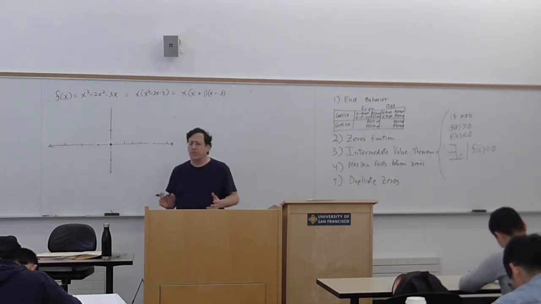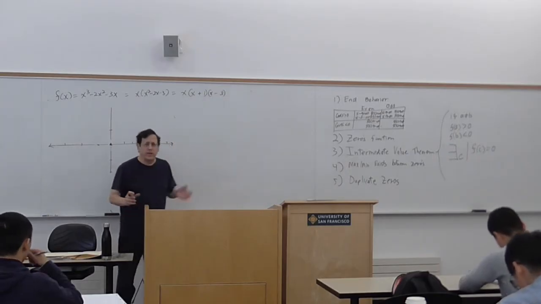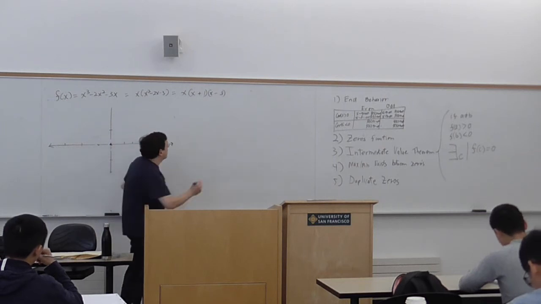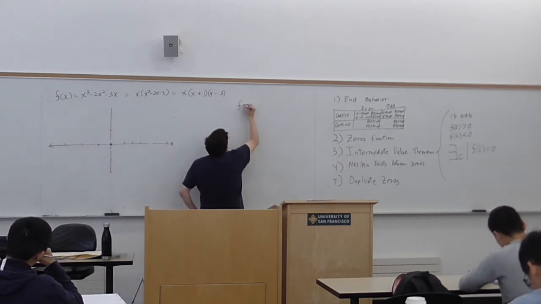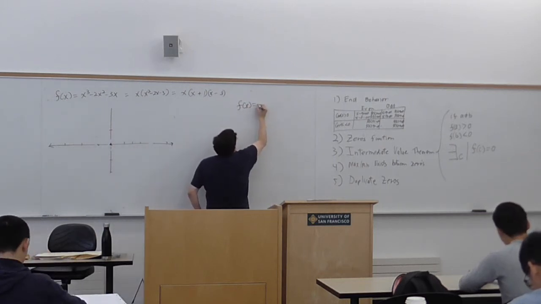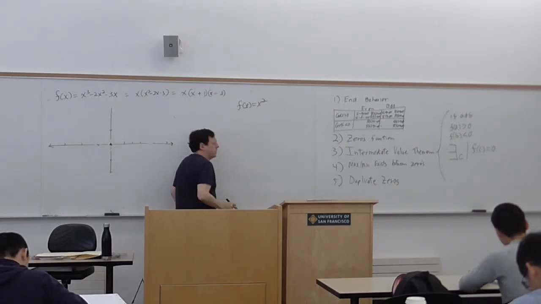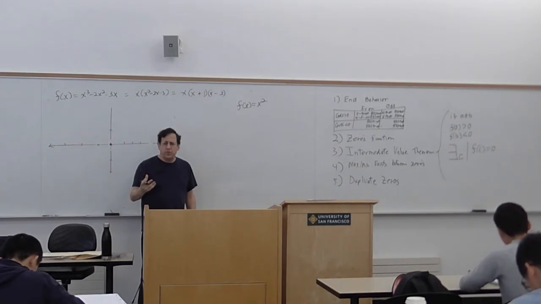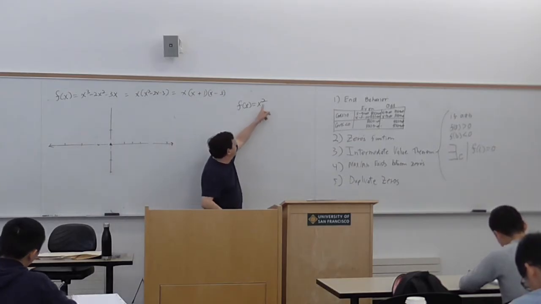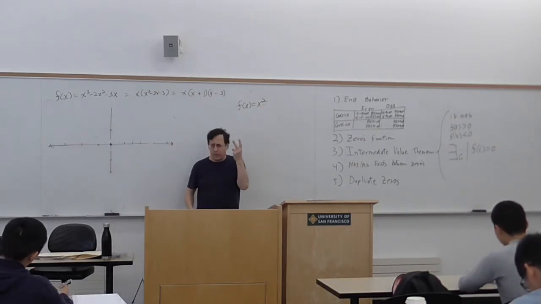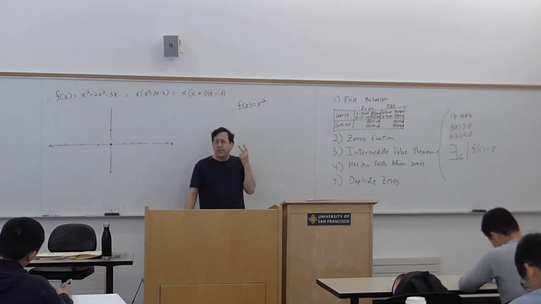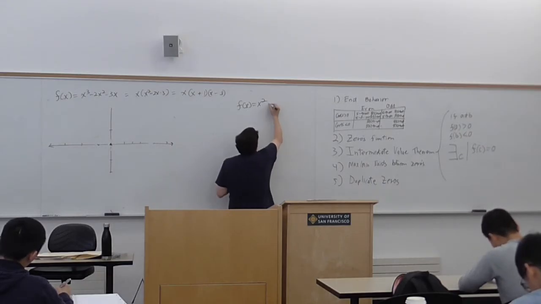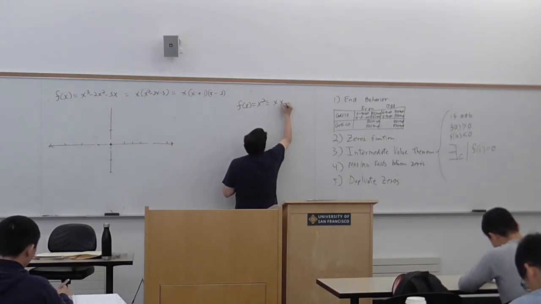We already have some examples of this we've looked at quite a bit. One of them is f of x equals x squared. We've said a few times, because this is a second-degree polynomial, it has 2 roots. They just happen to be the same value, right? And I can factor this as x times x.